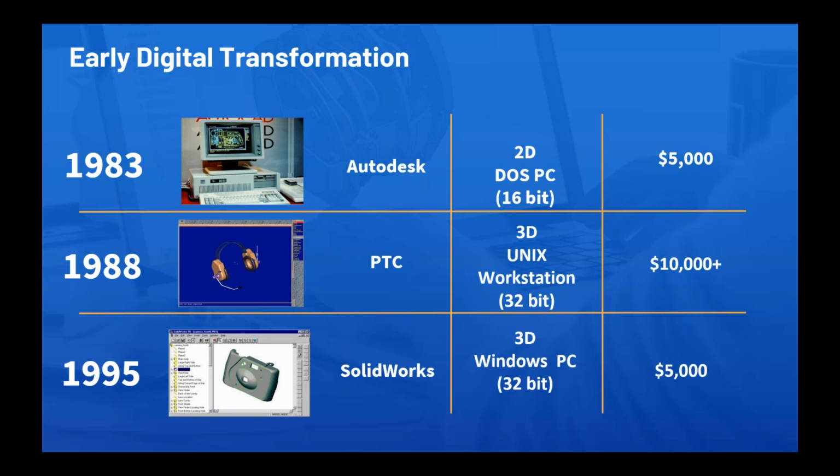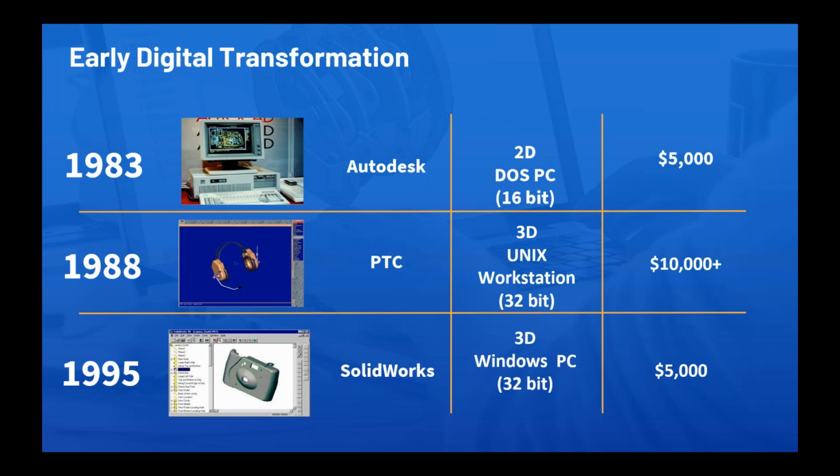Then later in the 80s, PTC released Pro Engineer. Of course, a little bit more expensive, but that worked on a Unix workstation where we had full 3D capabilities, solid modeling, that kind of stuff, right? And then in the mid 90s, SolidWorks, which was basically developed by some people who used to work for PTC, was available on a PC 32-bit system.